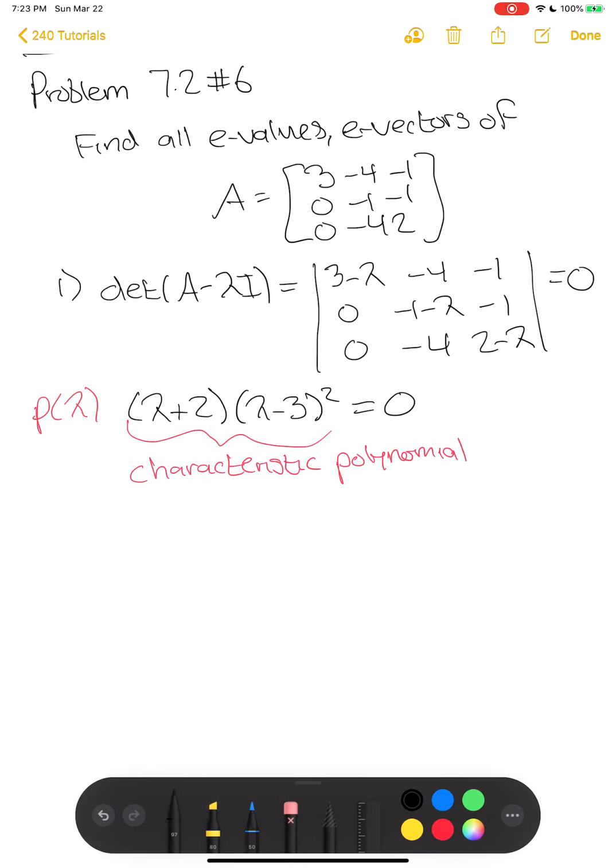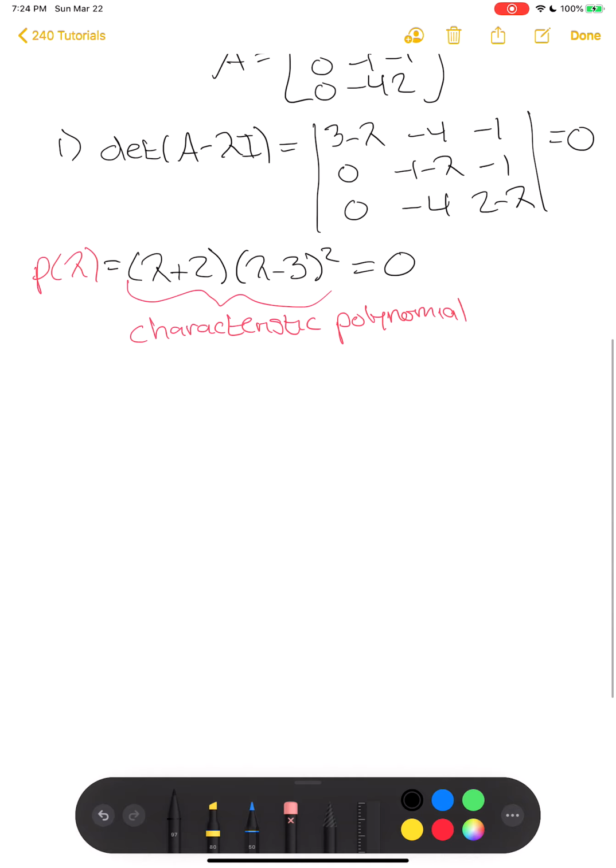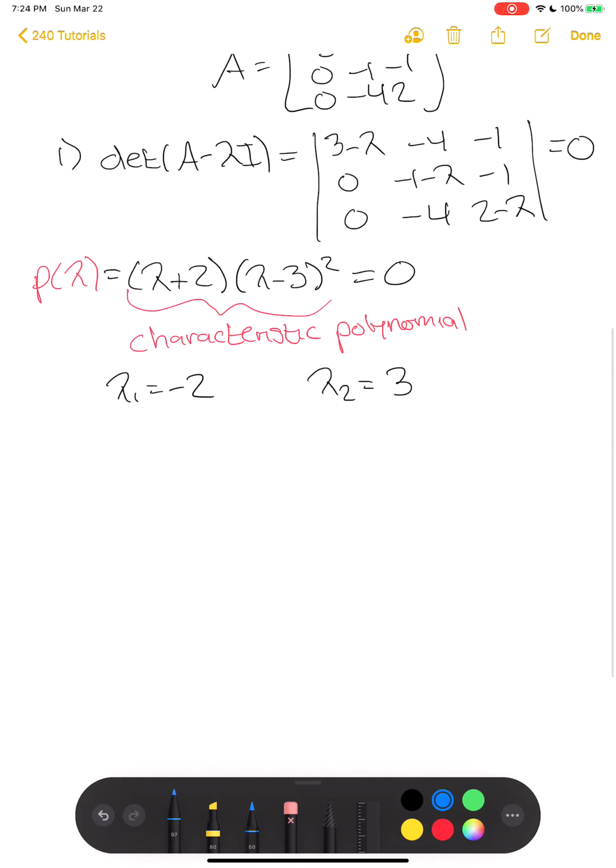So what we're really doing is we want to find the roots of the characteristic polynomial, and those will be our eigenvalues. So anyway, we have lambda 1 is equal to negative 2, and then lambda 2 is equal to positive 3. But what you'll notice is we have this square, right? So we don't want to just stop here and say that we only have 2 eigenvalues. We actually have 3 eigenvalues, but 3 is repeated twice.